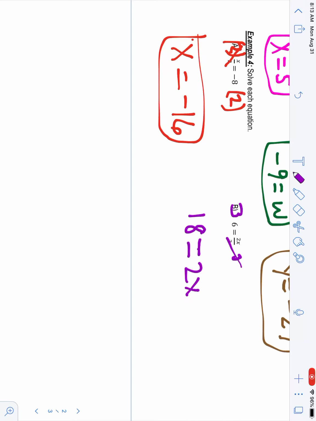Now, x is not by itself yet, so this requires one more step. So I'm going to divide by 2, and that's going to tell us that x equals 9. All right, so that's more of a two-step equation. That's where we're headed. But it's important that you pick up on the inverse for now with one step.